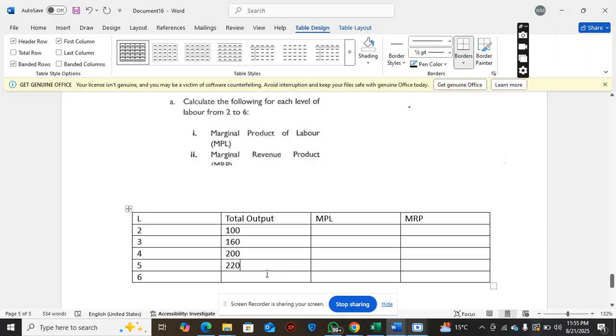So the way we used to calculate the marginal cost is the same way we're going to be calculating here. Marginal product is the change in output over change in labor.